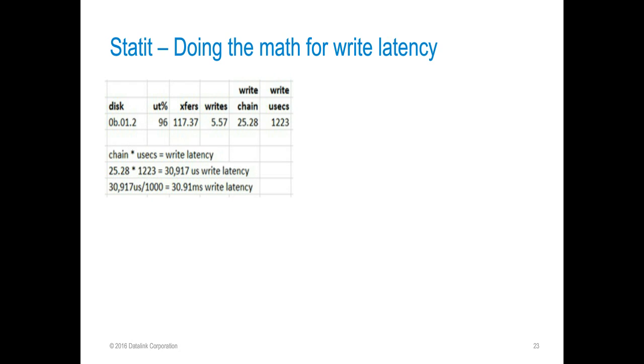The other remaining 5 were writes, and our write chain is 25, and our write USEX are 1200. So again, we take this chain times USEX, 25 times 1200. We're seeing 30,000 USEX of write latency. We divide that by 1,000. We're seeing about 31 milliseconds of write latency.